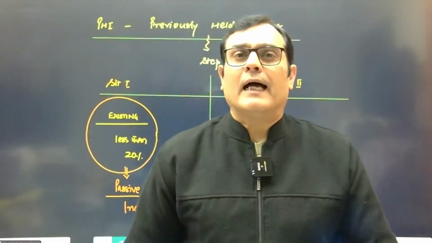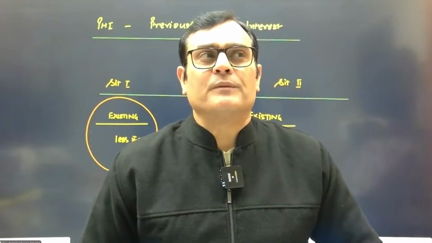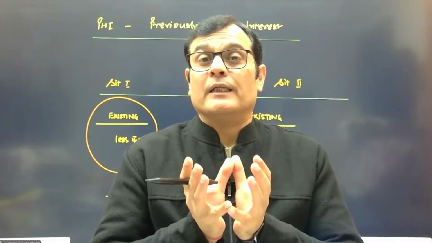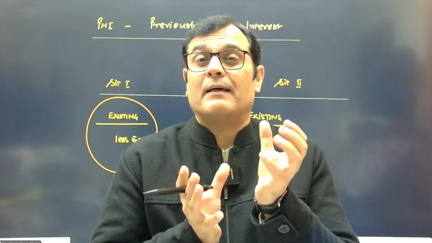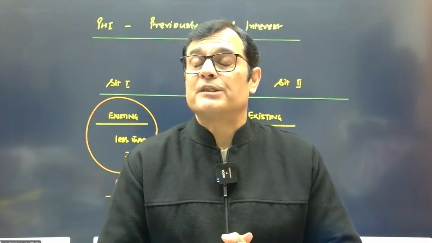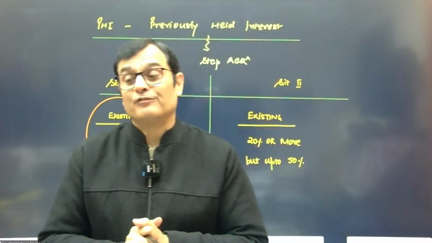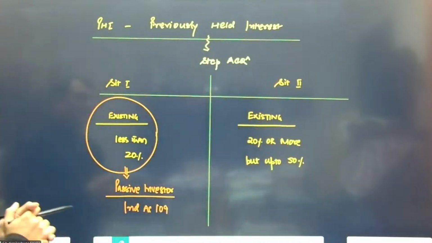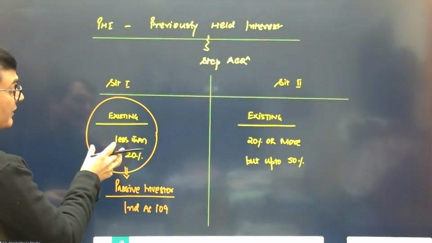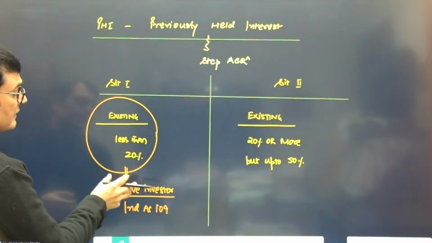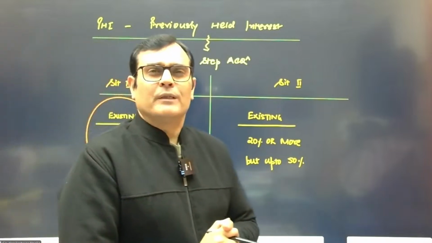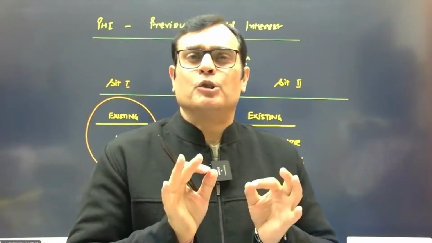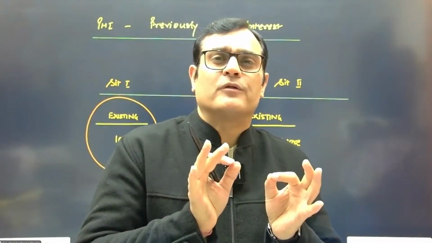If you remember, in financial instruments I had given you that if it is a related party, Ind AS 109 does not apply, 27 is applicable. And if it is a case of unrelated party investments, then Ind AS 109 definitely applies. Which means that if as an acquirer you had less than 20% stake in the company, you were a passive investor, and you would have accounted for things under 109.